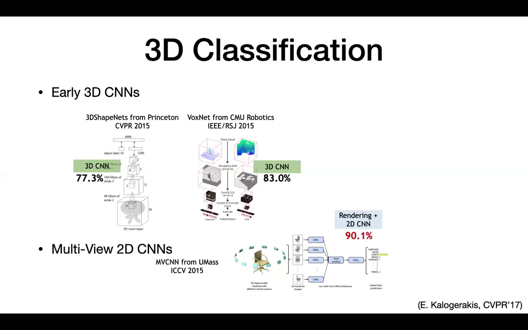If you compare this with multi-view 2D CNNs that were very well developed at the time and used images, they had results around 82% to 90%. So the first 3D CNNs for classification were on par with the multi-view 2D CNNs.